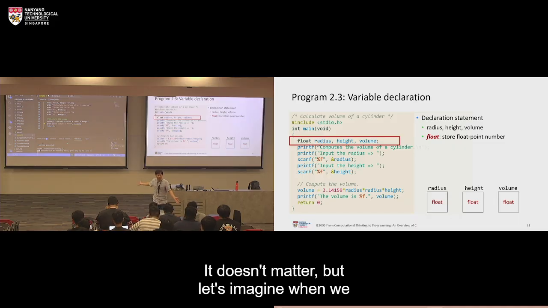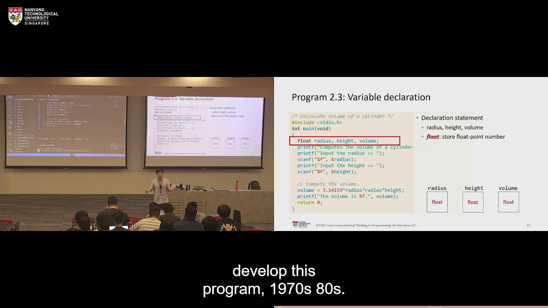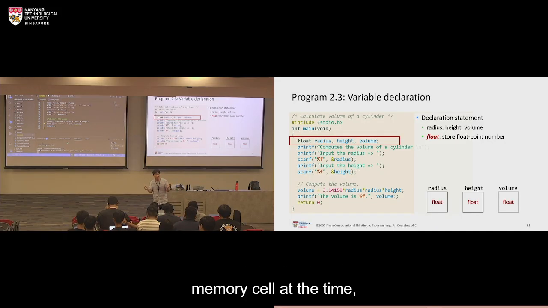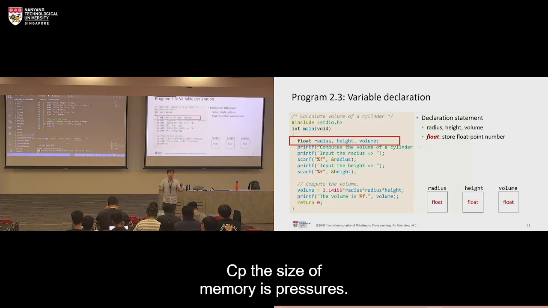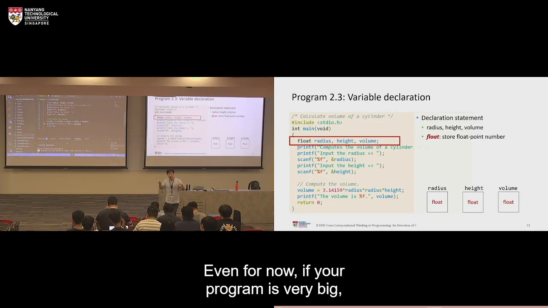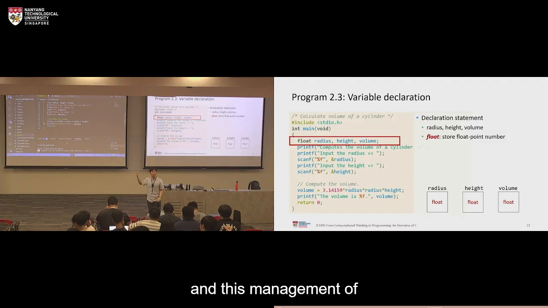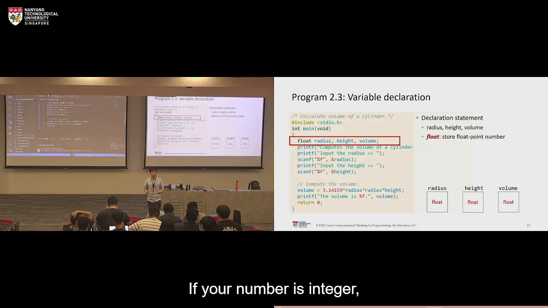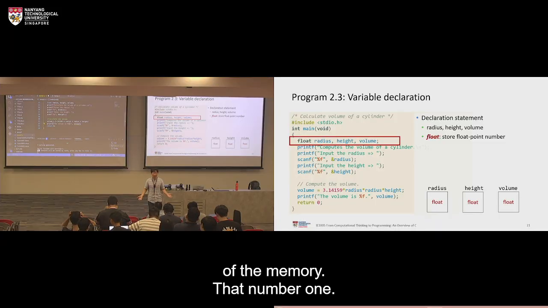It doesn't matter. But let's imagine when we developed this program in the 1970s, 80s, we were very excited about 1 megabyte memory at the time, right? So the size of memory is precious. And even now, if your program is very big, then the management of the memory is very important to make it efficient. So if your number is an integer and you use float, it's a waste of memory.